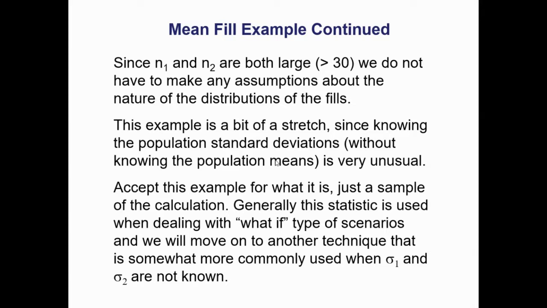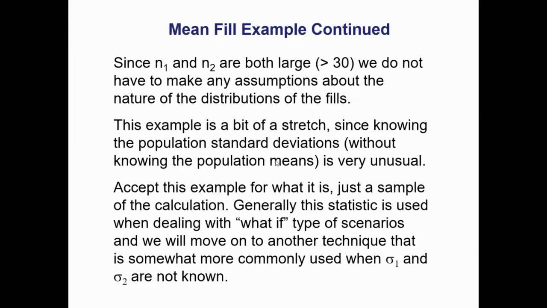So if you also notice, N1 and N2 are both large. They're both greater than 30. We don't really need to make any assumptions about the nature of the distribution. We don't need to say they're normal or anything like that, because why? Sample size is large, but what theorem helps us to say that? Close.